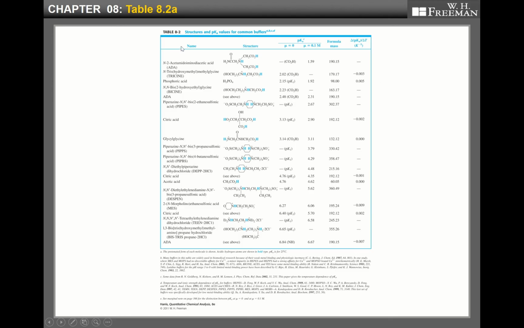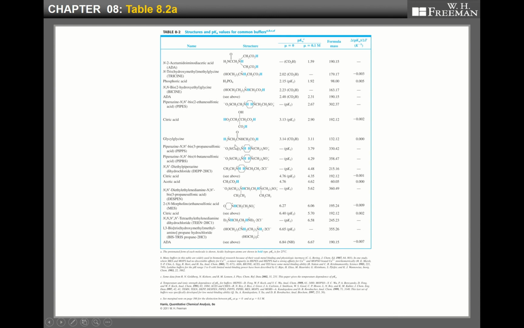And Table 8.2 lists a lot of different buffer components. Depending on these components, they have different pKa values, so you have many choices. You have to prepare a specific buffer at a specific pH, so you can take any one, depending on which pH you want, and then pick up that compound.